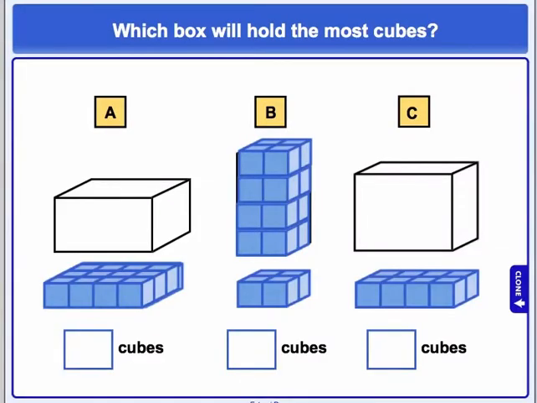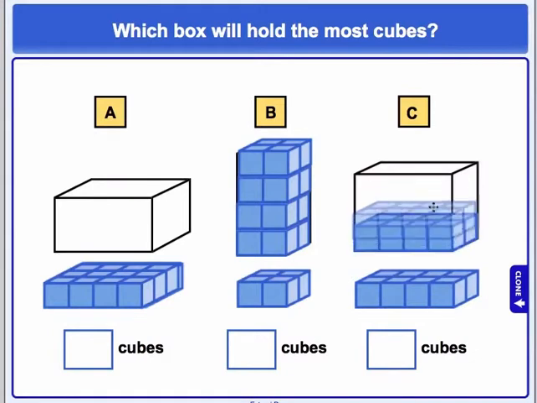Let's look at another example. Again, volume is how many cubic units can fit into a figure. We have a rectangular prism here, and I can see that on the base of it I could fit 8 cubes. There's 1, 2, 3, 4 in this row, and there's another row behind it.